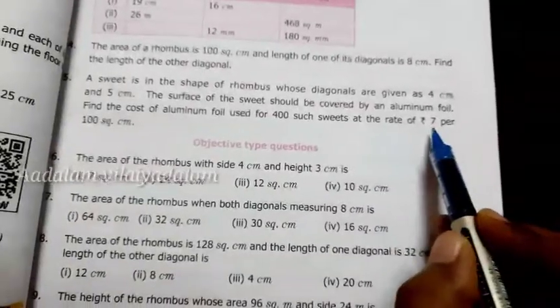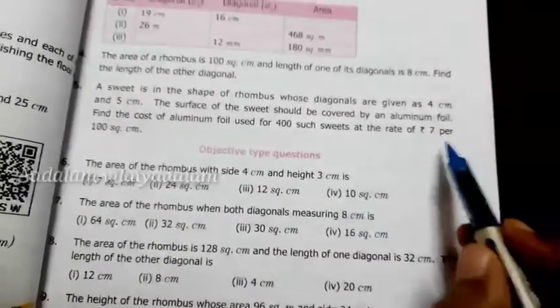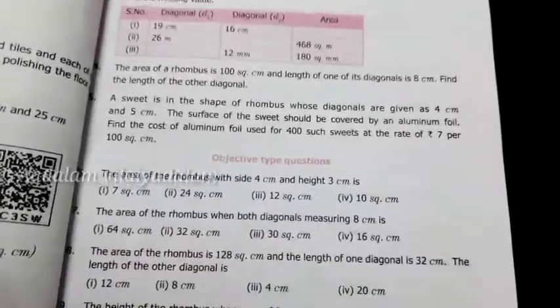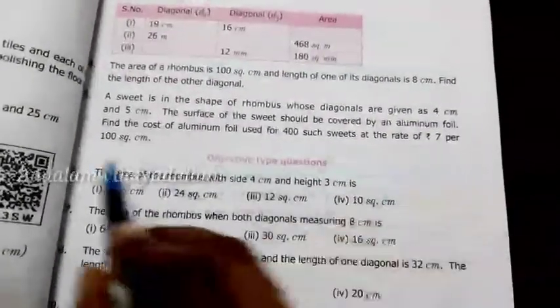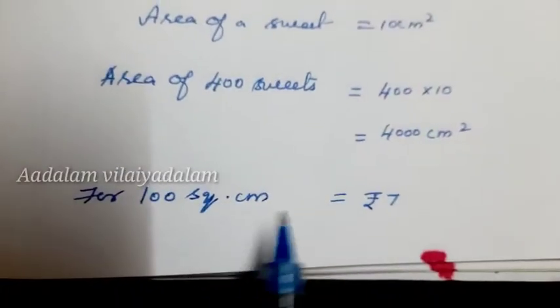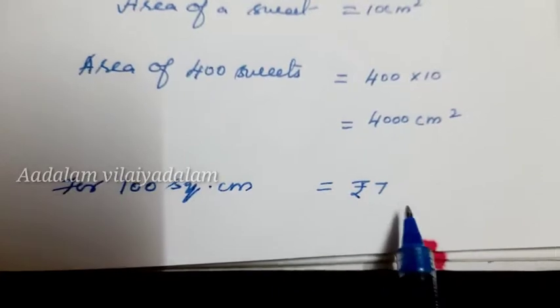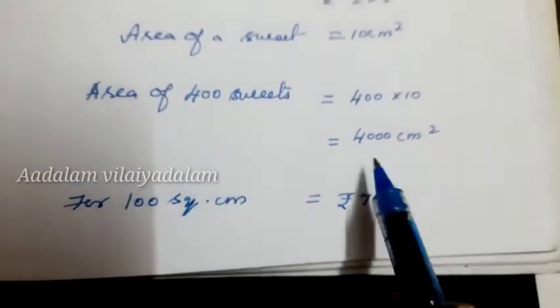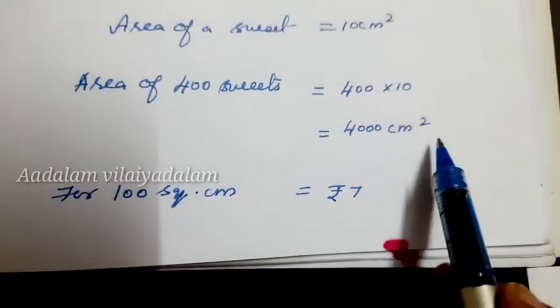In the question they are telling that rupees 7 they are spending for the 100 square centimeter. Clear? For 100 square centimeter they are spending 7 rupees. Now we need to find for 4000 centimeter square.